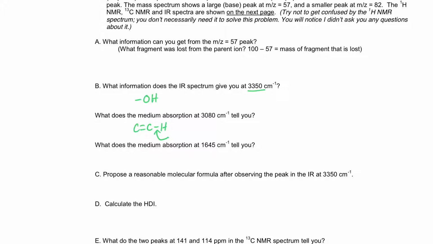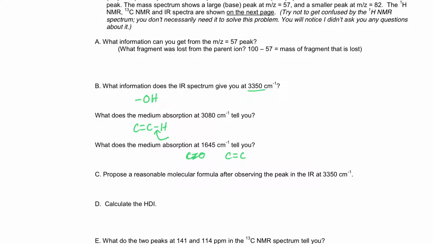That is showing the stretch of the CH bond on an alkene. And the medium absorption at 1645, that's a CC double bond. It cannot be a carbonyl because I've already accounted for the only O that's present in my formula, the O in the OH.